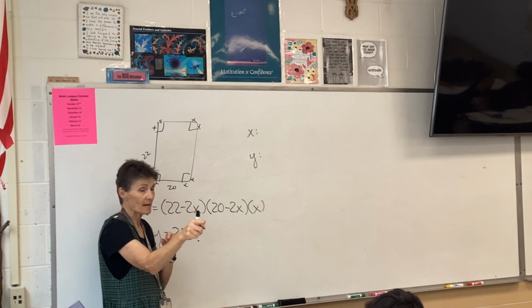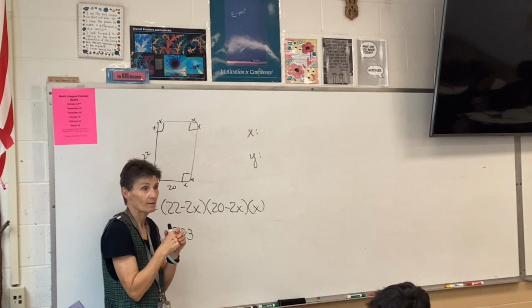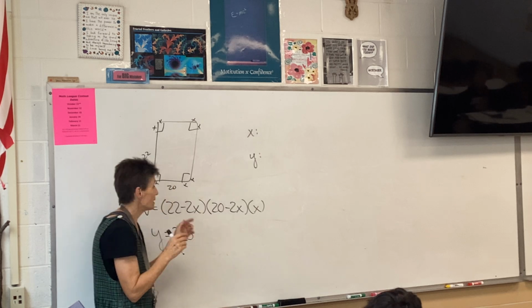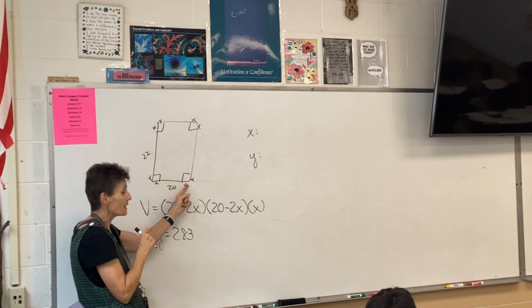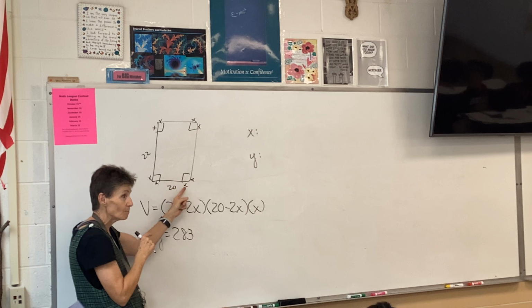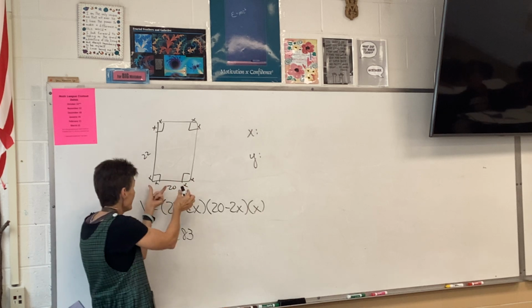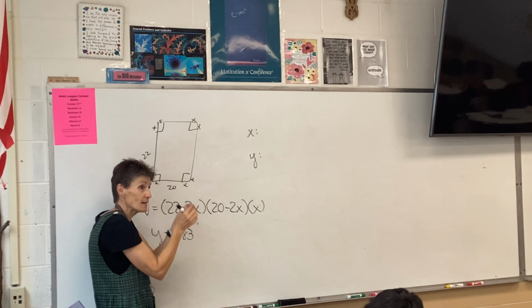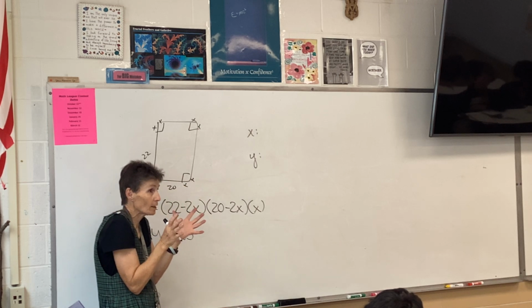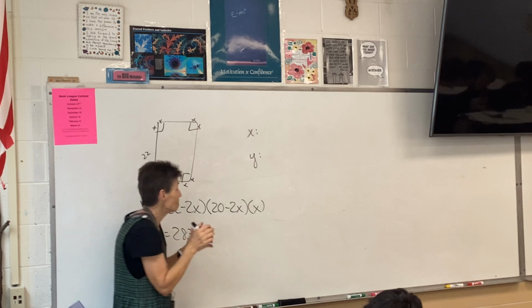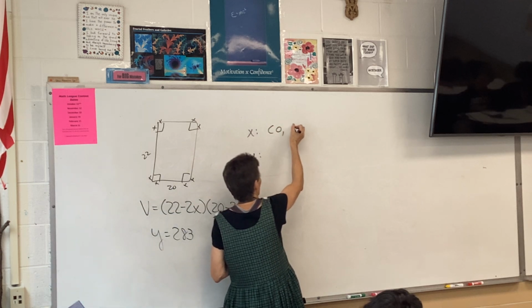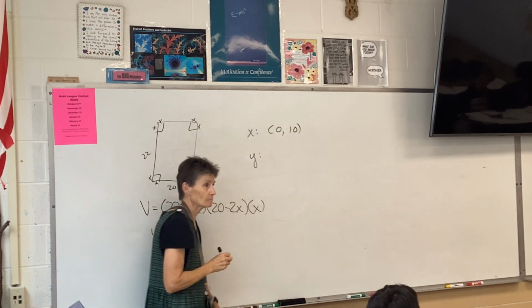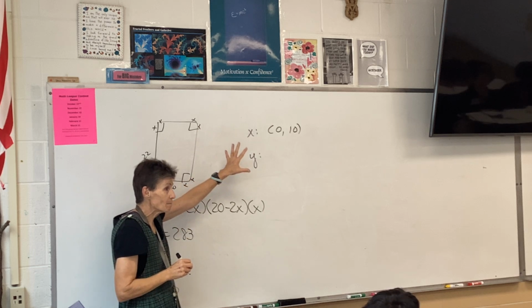The biggest X could be is 10. That's the biggest, because you only have 20 inches to play with, and you're cutting a chunk off both sides. So does it make sense that the most you could cut off would be 10? And the least you could cut off is nothing. So there's your X min and max.